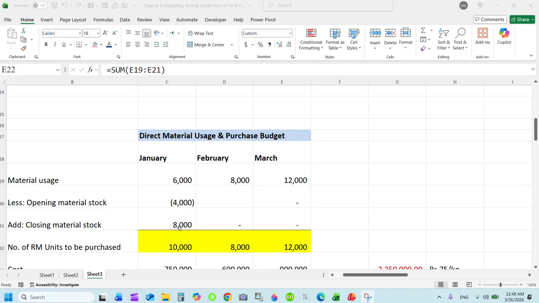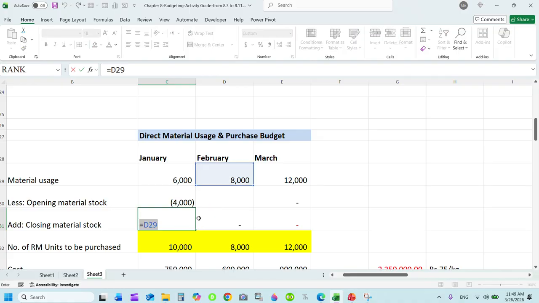Our closing stock policy is we need to maintain a sufficient number of closing stock of raw material equivalent to the next month raw material usage. Okay. So accordingly, this closing stock will become opening stock.